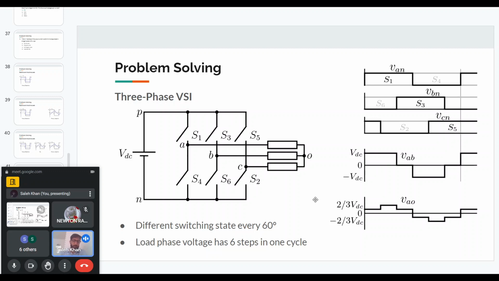In 180 degree operation, for each 60 degree interval, a different combination of switches is on. For the first 60 degrees, S1, S6, and S5 are on. For the next 60 degrees, S5 has been turned off and S2 is on. So every 60 degrees, some switching changes.